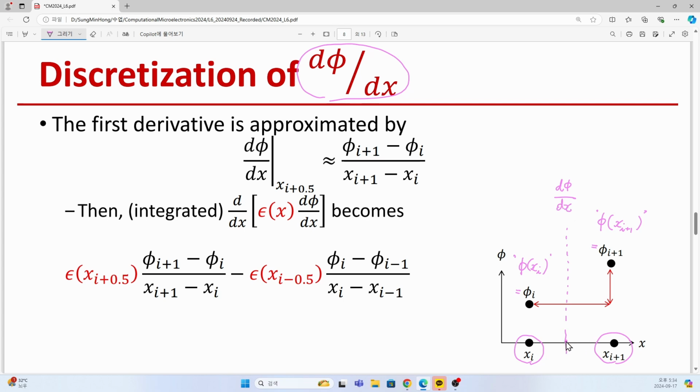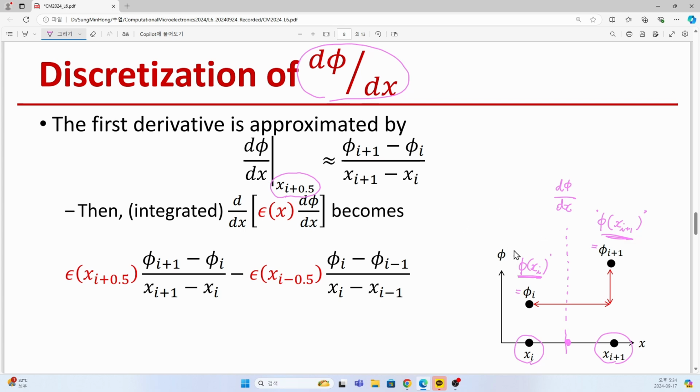Yes, we know these two quantities, but right now we have no idea about the d phi over dx evaluated at this midpoint. So x sub i plus half corresponds to this midpoint. So we don't have any well-defined potential values, and right now we have no idea about its first gradient.